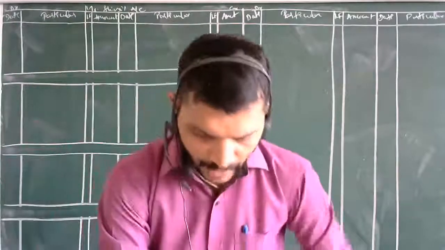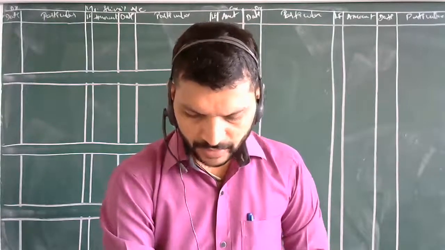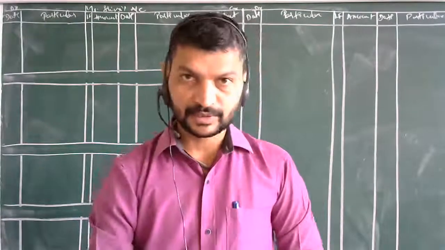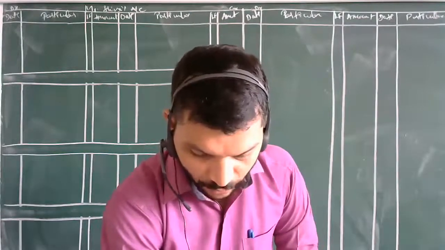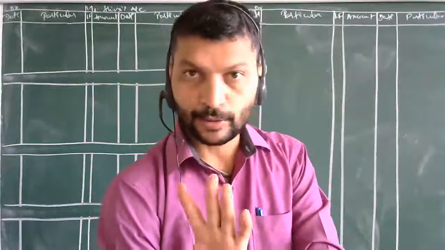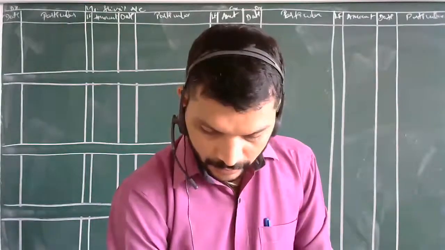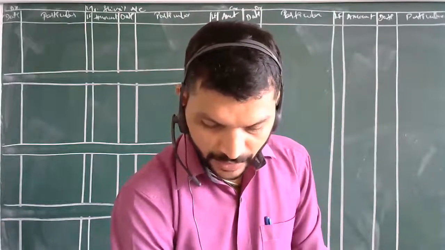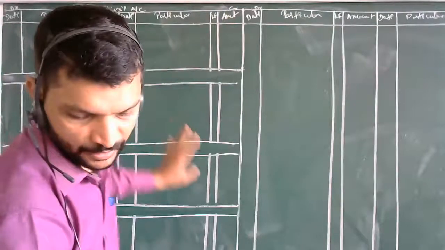Then the accounts appearing on the debit side of the cash book are credited. See, remember the things. The accounts appearing on the debit side, this side, the receipt side, will be credited. Remember the point. Theoretically it is told how the accounts appear on the debit side. Which is the debit side? The left hand side was the debit side over here.